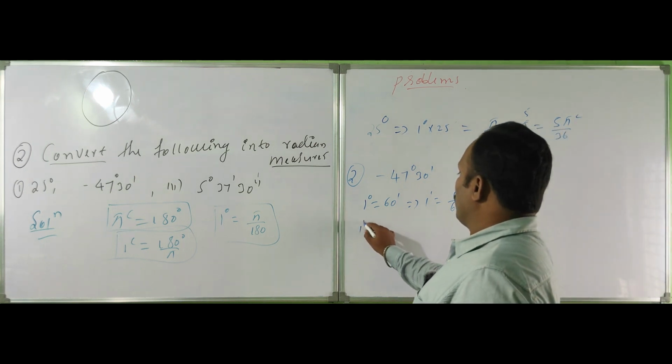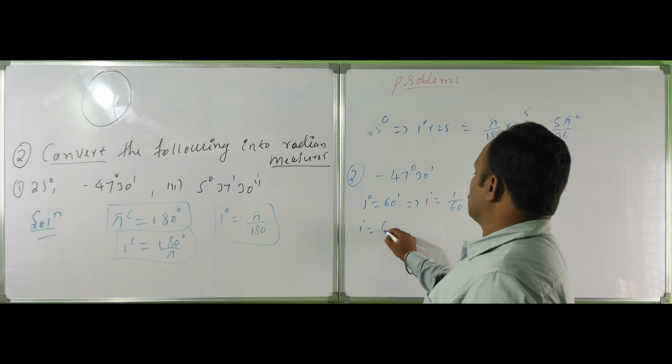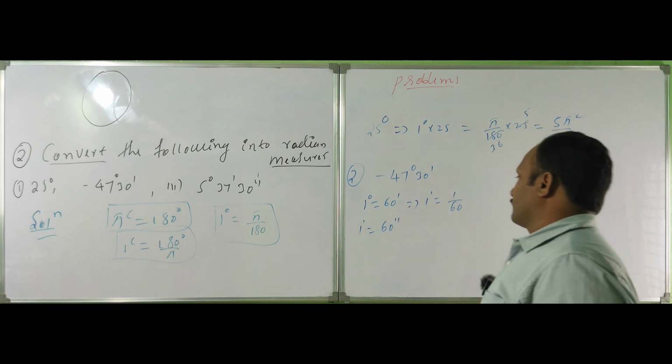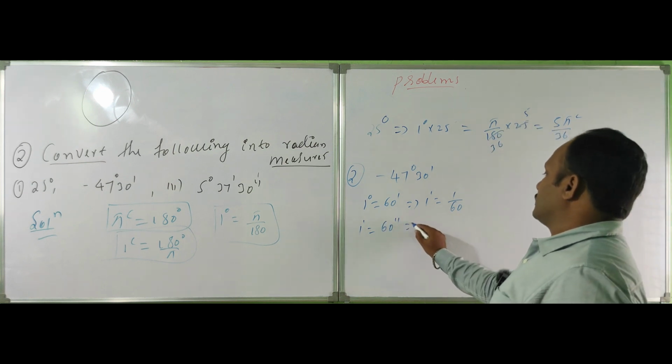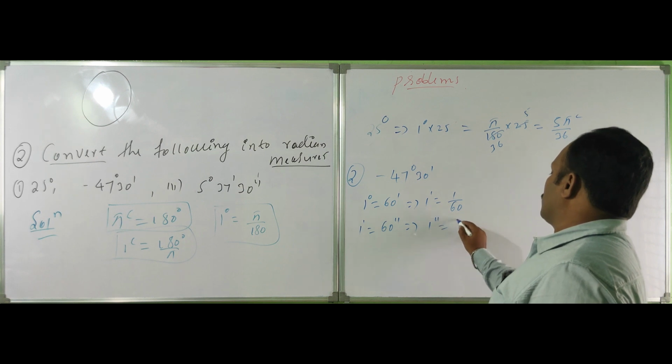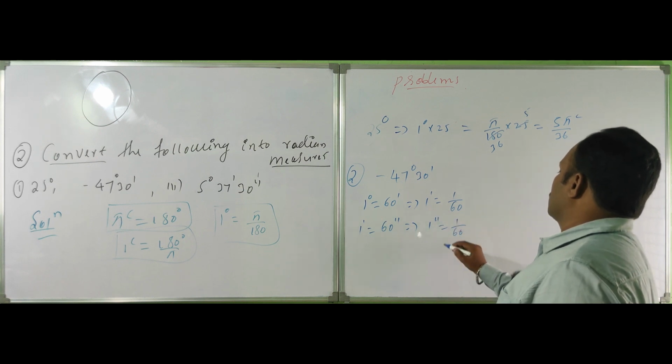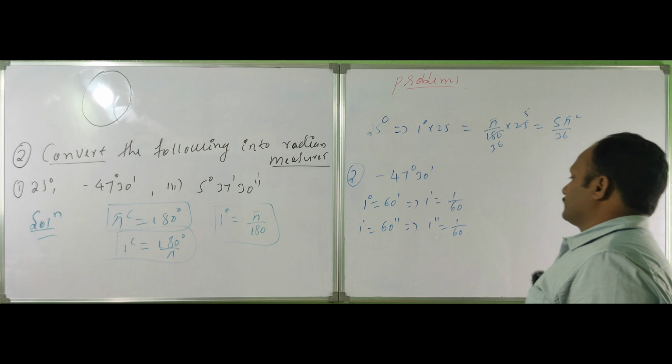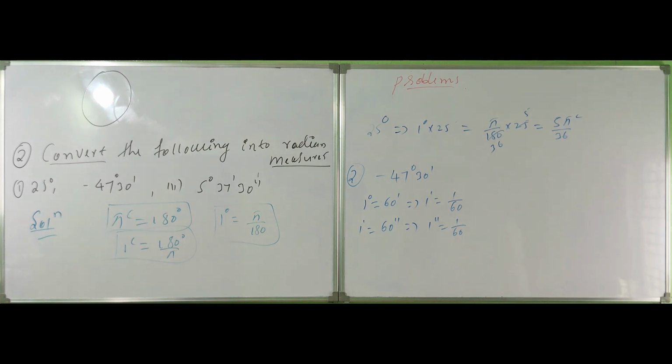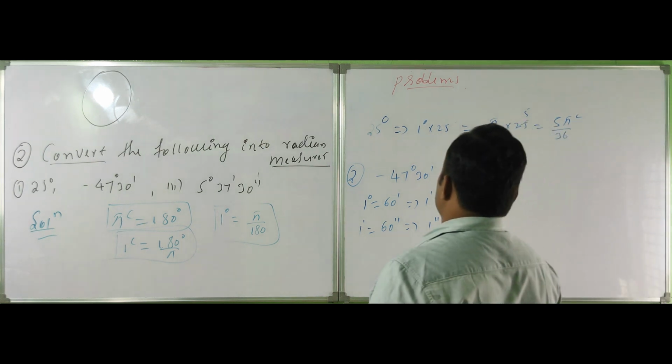Similarly 1 minute is equal to 60 seconds, so 1 second is equal to 1 by 60th of a minute. We are going to use this here.